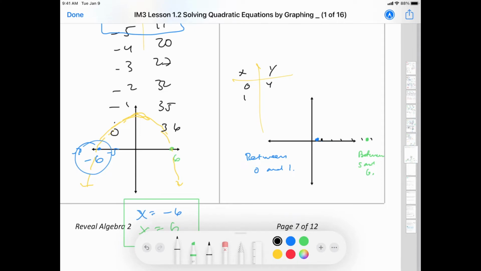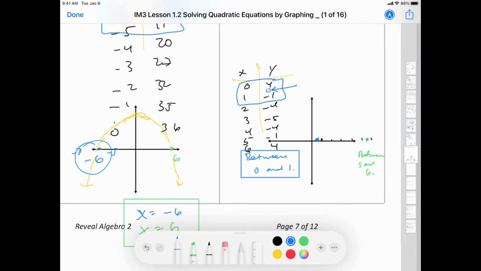0, 4; 1, -1; 2, -4; 3, -5; 4, -4; 5, -1; and 6, 4. Okay, so this blue one is between 0 and 1 on the x values, and look at the y values.